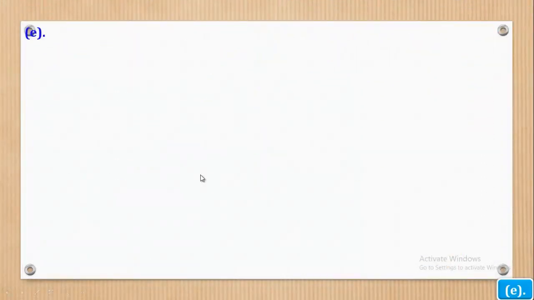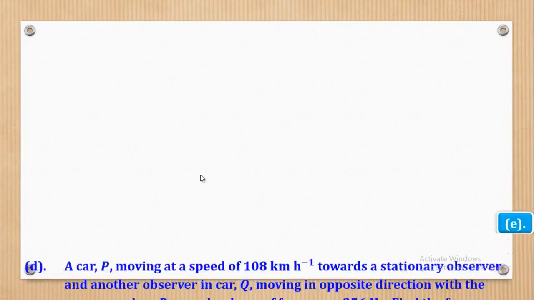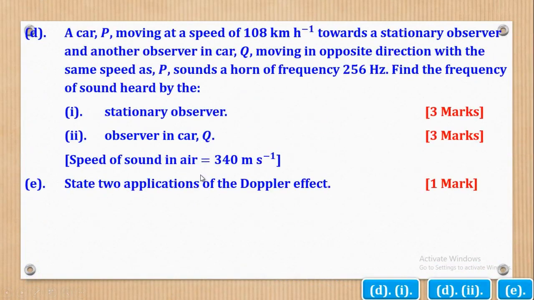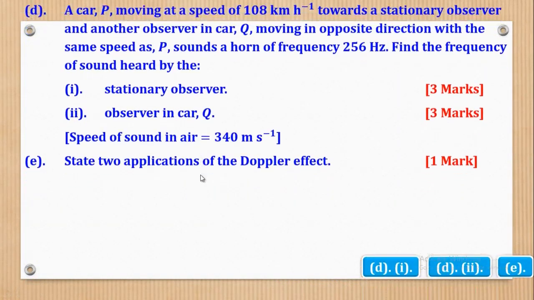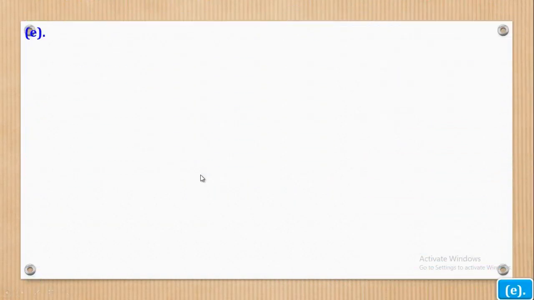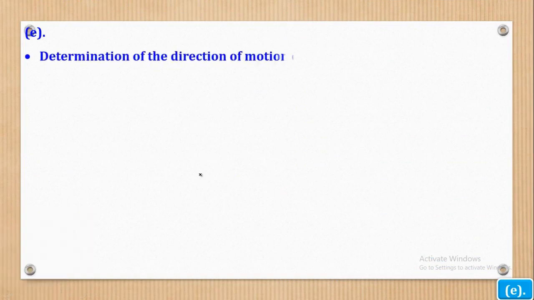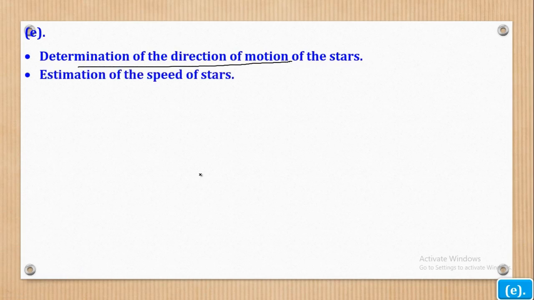So now we shall go to part E. Part E says state two applications of Doppler effect. One is determination of the direction of motion of stars. Then two is estimation of the speed of stars.